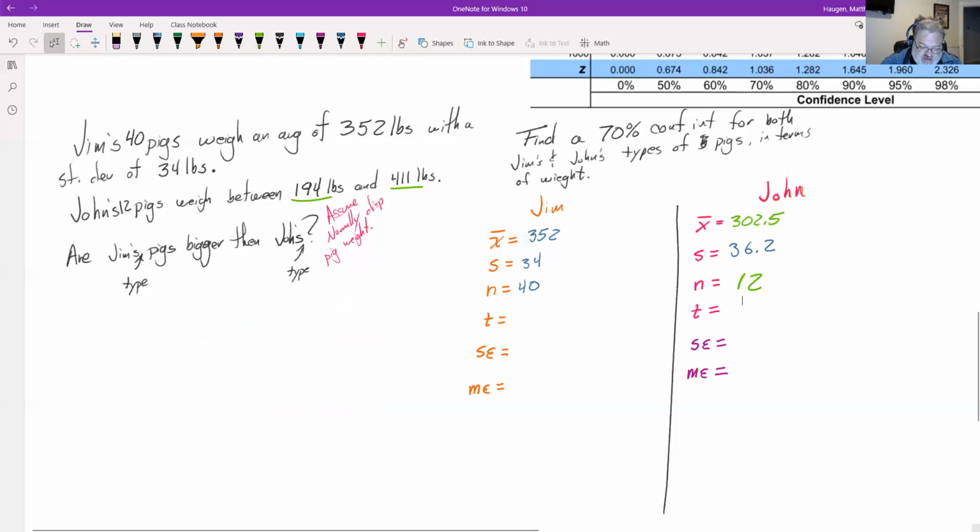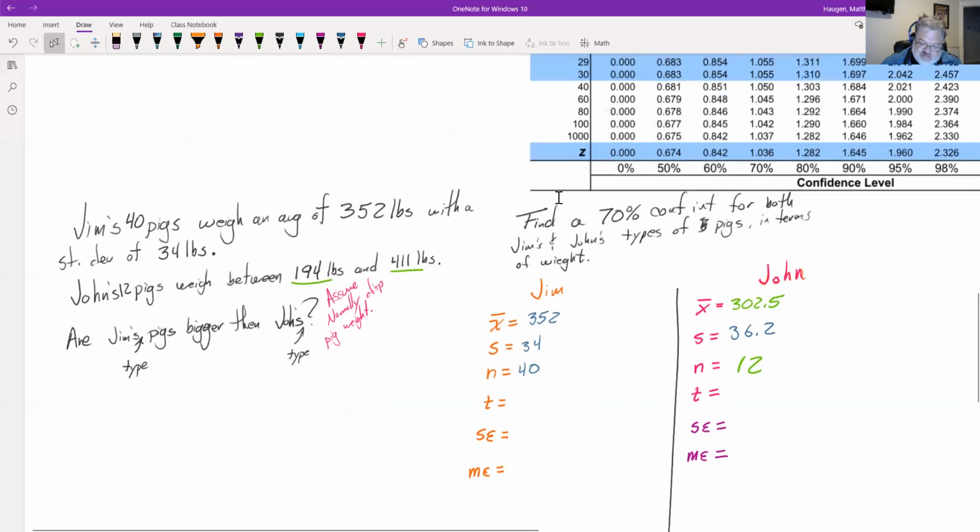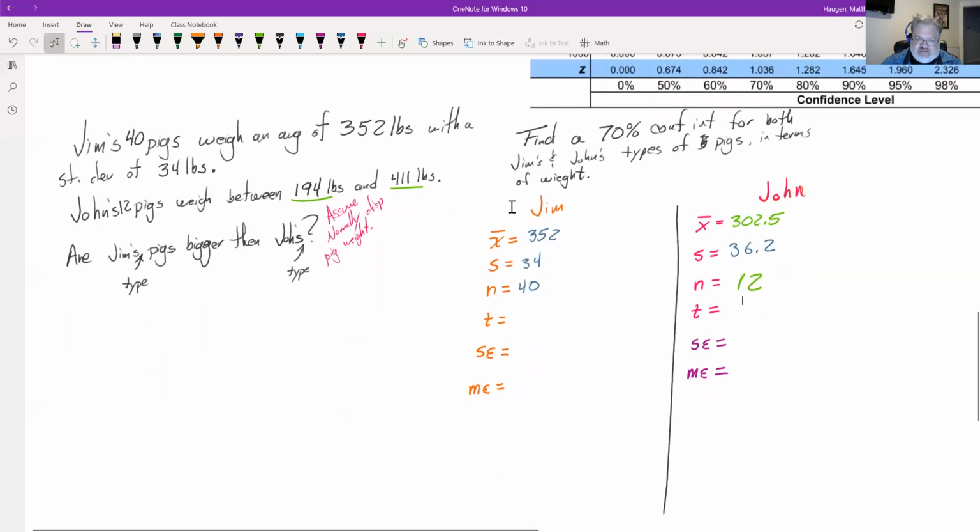Now, are the t-values for Jim and John going to be the same? They're both 70%. So are those t-values going to be equal? No, because you have different ends. Right, the t-value is partially dependent on the sample size. So John's sample size of only 12 is going to make his t larger than Jim's t.